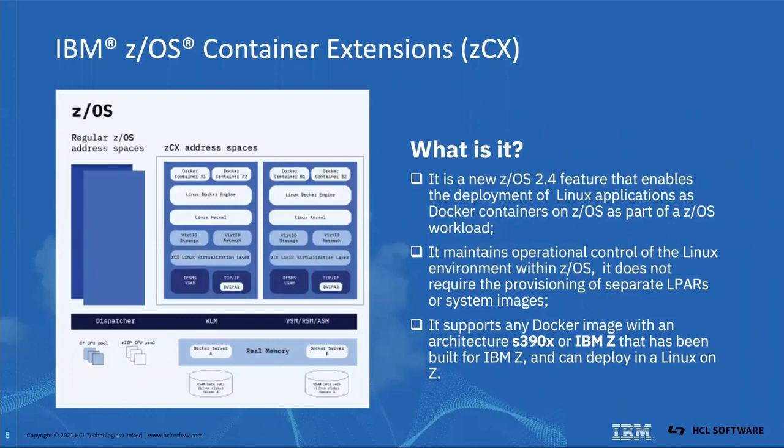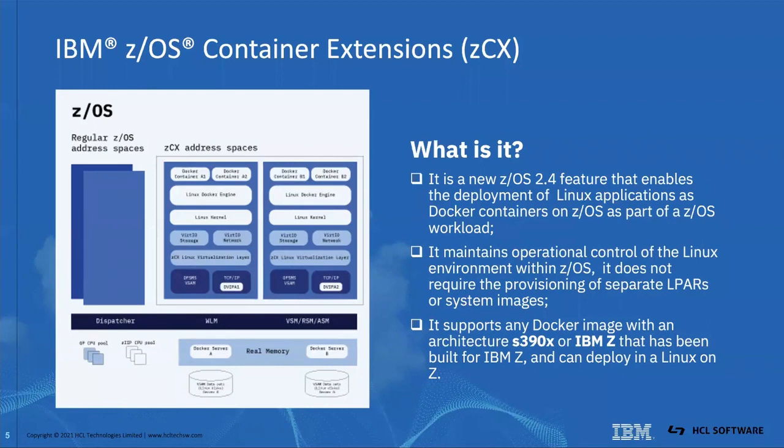This picture I added to the introduction slides shows how the z/OS system includes the zCX instances. So you get a zCX instance as a standard address space in a z/OS system.